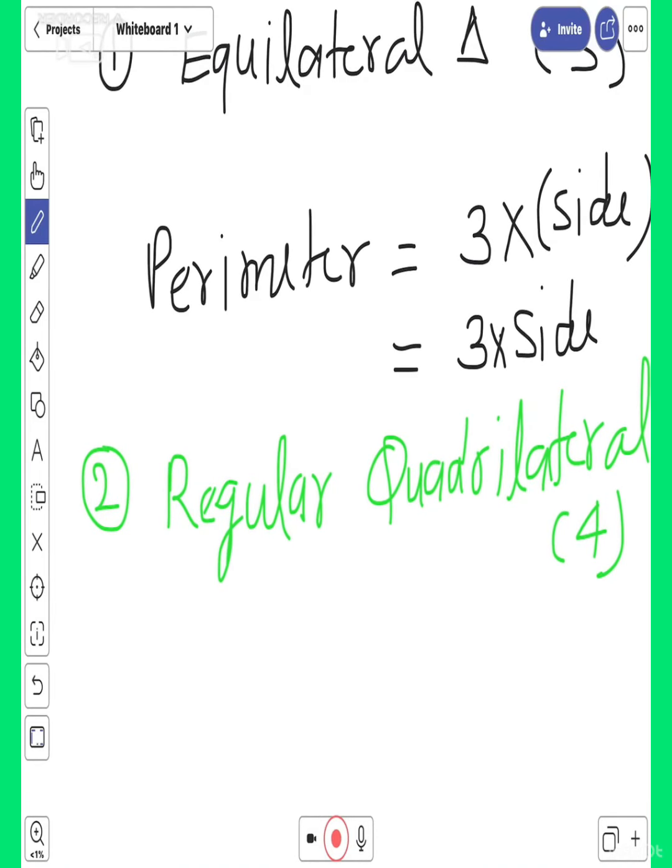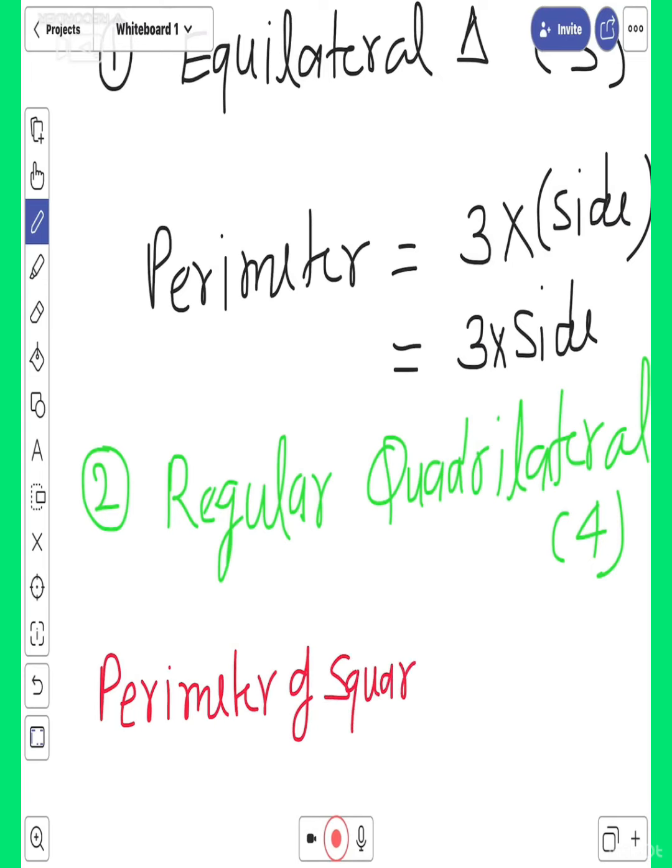This is, dear, the perimeter of a square. Regular quadrilateral, it is a square. So the formula is number of sides into side. The number of sides is 4 and you put the side here. So the formula is 4 into side.